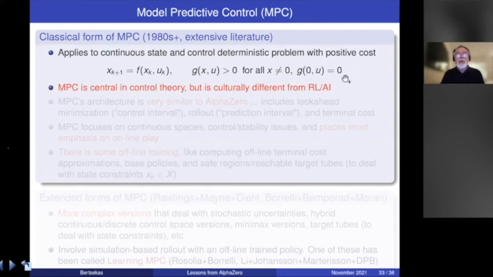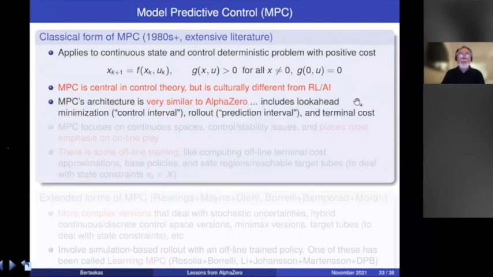Now, MPC is culturally different from the reinforcement learning artificial intelligence practice of sequential decision making. The architecture of MPC, as I mentioned earlier, is very similar to AlphaZero.